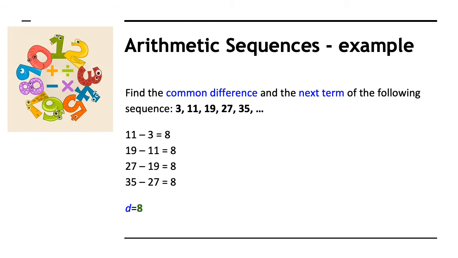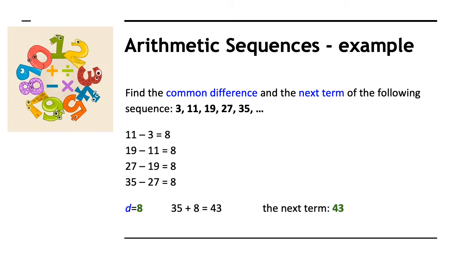To be thorough, I'll do all the subtractions. 11 minus 3 is equal to 8. 19 minus 11 is equal to 8. 27 minus 19 is equal to 8. 35 minus 27 is equal to 8. The difference is always 8, so the common difference is d equals 8.